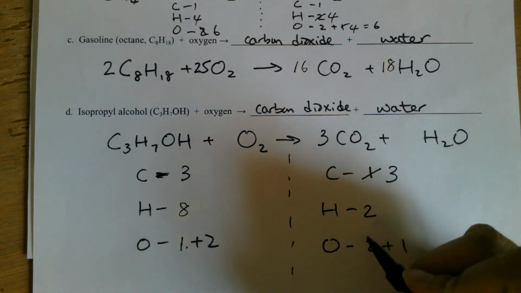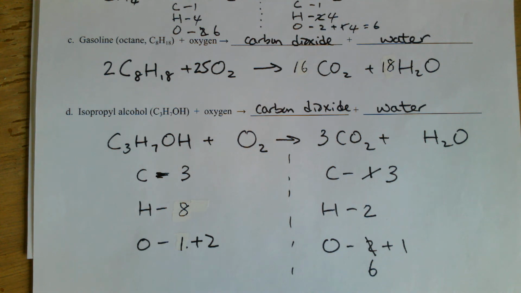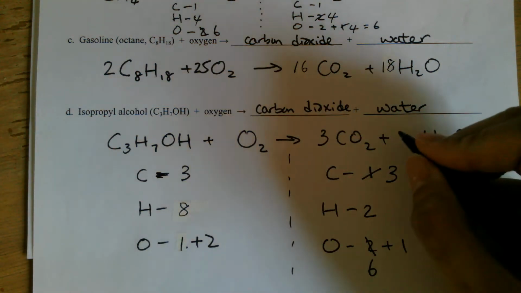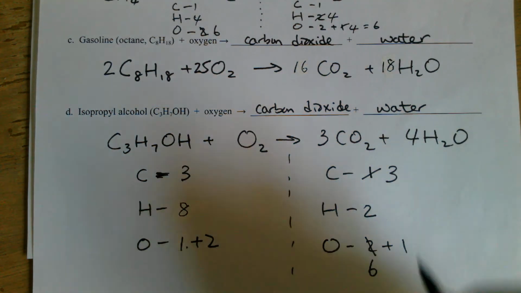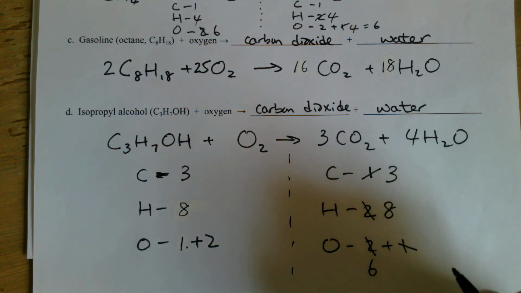That will give us 6 oxygens from CO2. And then to balance our number of hydrogens, we need to multiply our H2O by 4. So that will give us 8 hydrogens and 6 plus 4 oxygens.